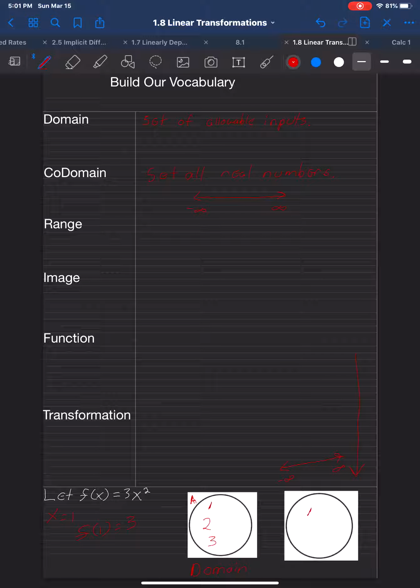To make this point a little bit clearer, let's compare our f of x equals 3x squared to something like f of x is equal to, well, let's just say 3 over x. Now think about this for a second.